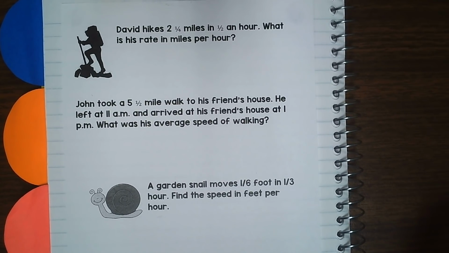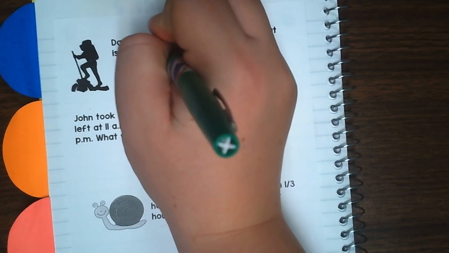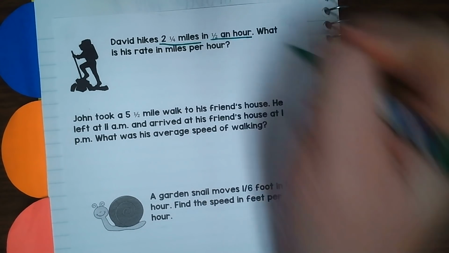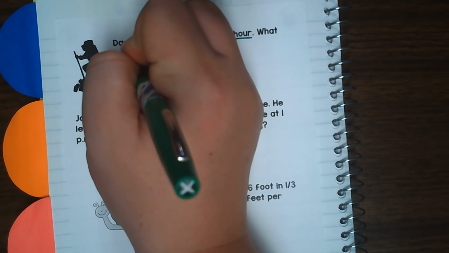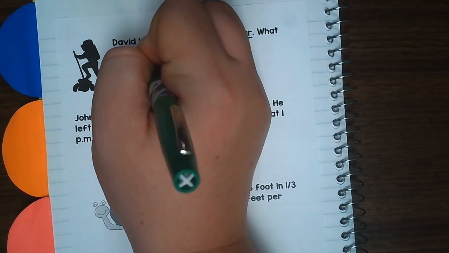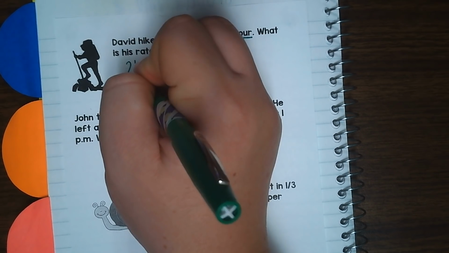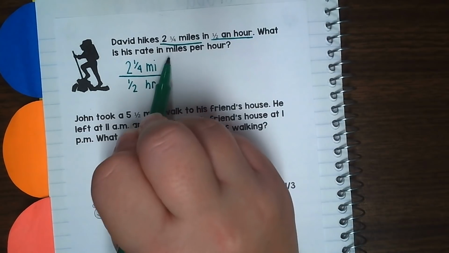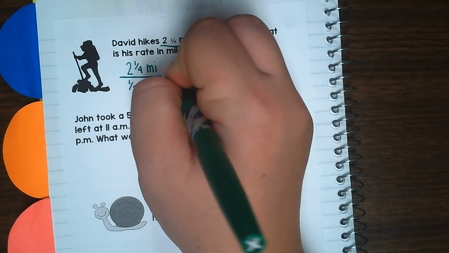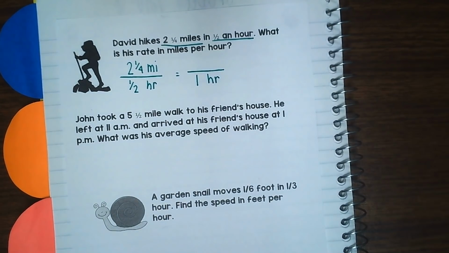David hikes 2 1/4 miles in half an hour. What is his rate in miles per hour? Okay, so 2 1/4 miles in half an hour. That's his rate. But I need to know his rate in miles per hour, so I need to know how far he will travel in 1 hour.